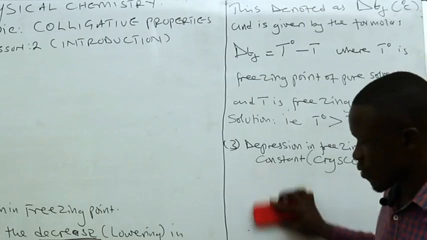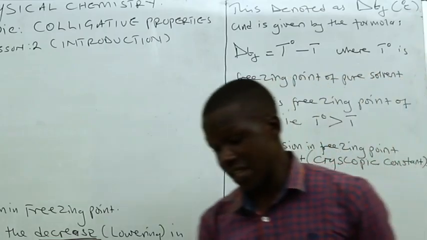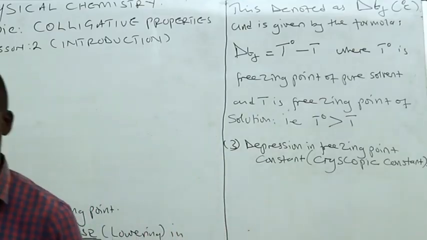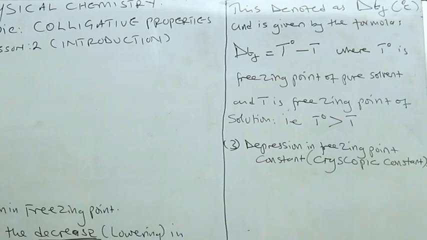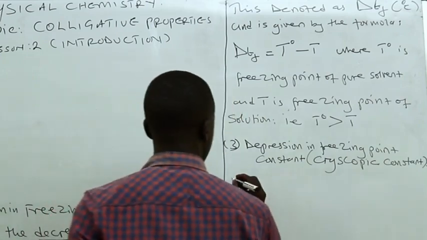But then someone could as well tell you to define what they mean. What is depression in freezing point constant? It's different from depression in freezing point. So what is the cryoscopic constant?